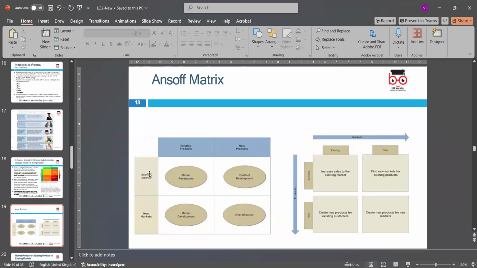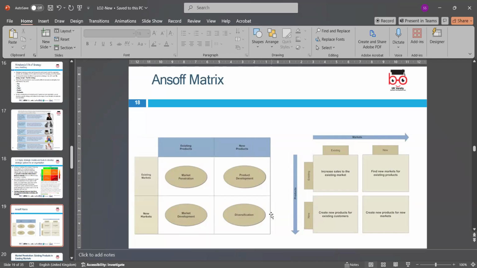If you are in existing market, but you are going to introduce a new product for the existing market, it means you are using the product development strategy. If there is a new market and an existing product, it means market development because you are moving into a new market. But if there is a new product and a new market, this is called diversification.